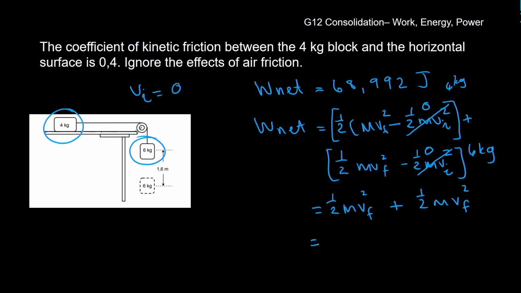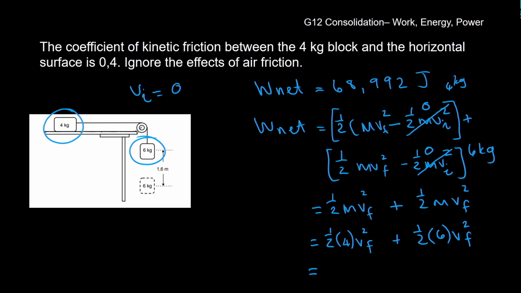If we substitute in our values, we have a half, the mass is 4, v squared final, plus a half, 6, v squared final.